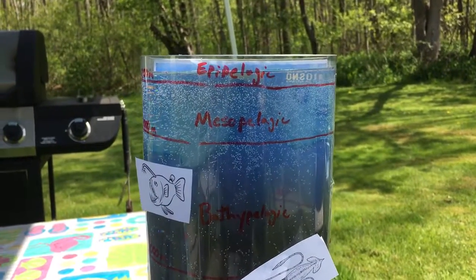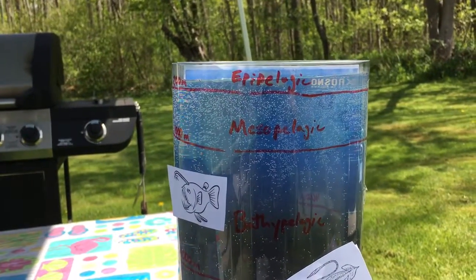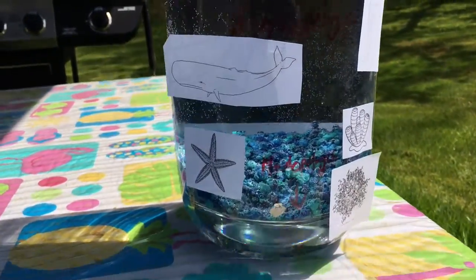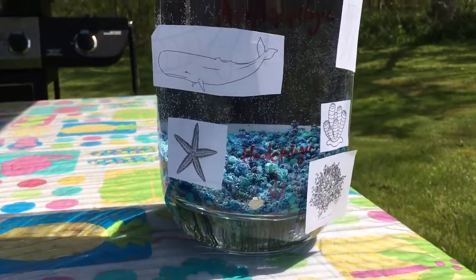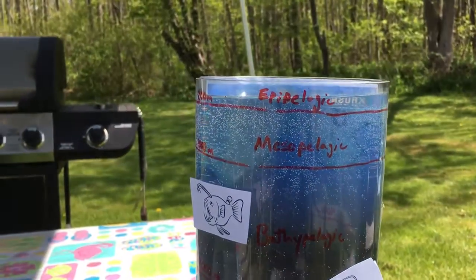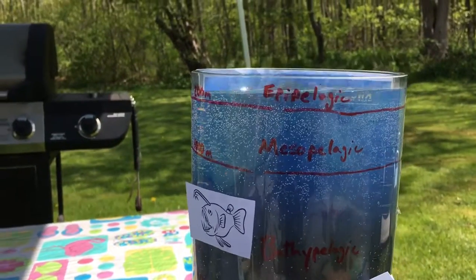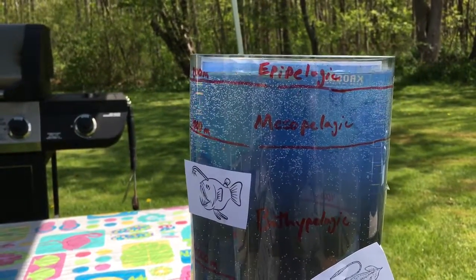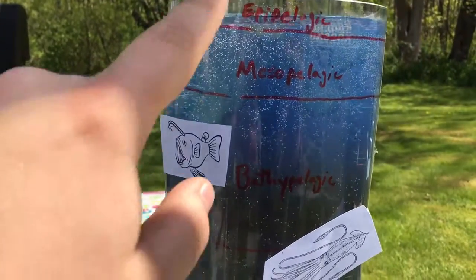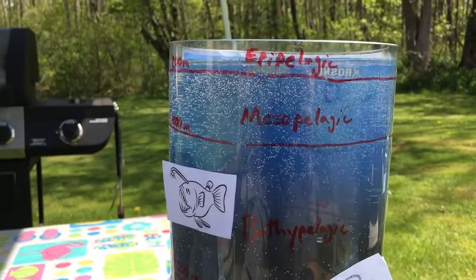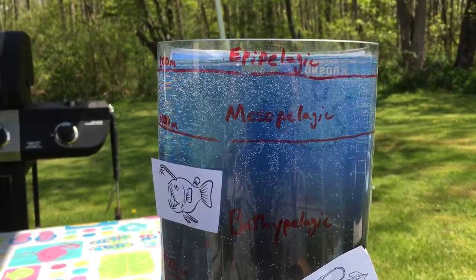So basically what I tried to do for this demonstration was recreate the layers of the ocean using this tubular glass here. I know the writing is kind of hard to see, but you can see all of the different layers of the ocean that I tried to incorporate here. This is the topmost layer, and the top two layers aren't included in the deep sea ecosystem.